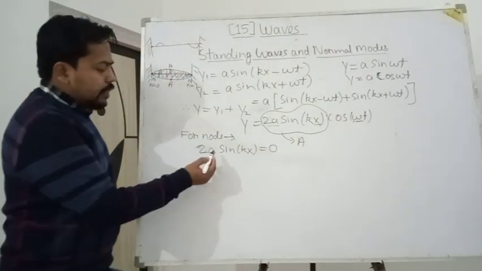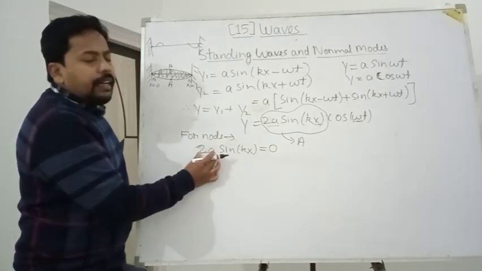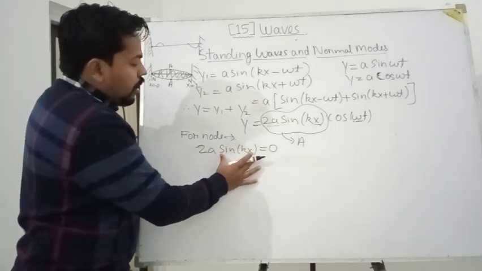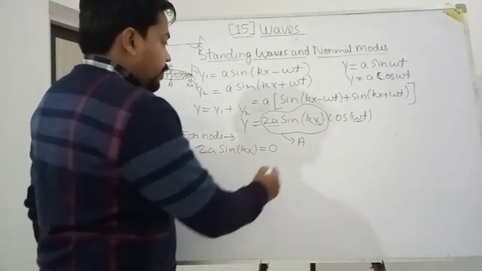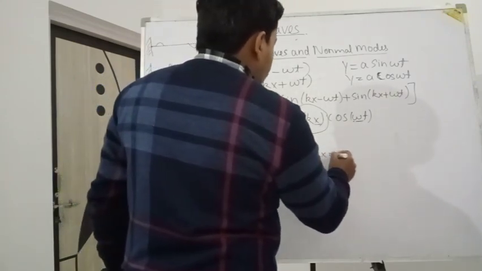We know that this is the product of two things, 2a and sin kx. 2a can never be equal to 0. So what should be equal to 0? The sin kx should be equal to 0.